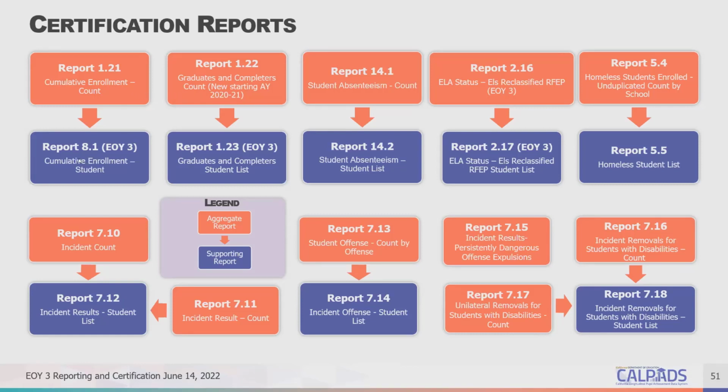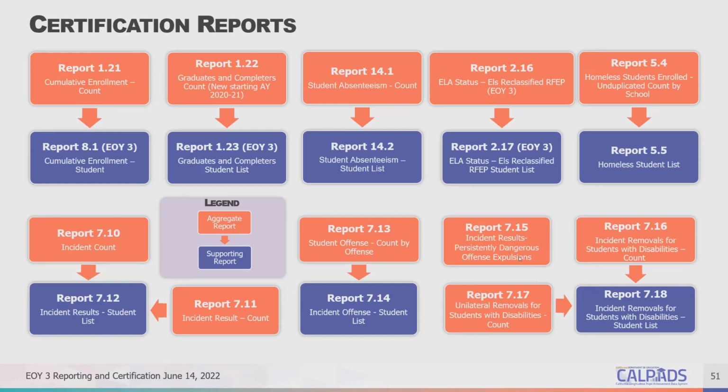But you cannot reconcile those reports without using the supporting reports. So the supporting reports are the blue ones, and you can see the title of the reports and you can see how they're linked. So I want to go to the bottom right corner.